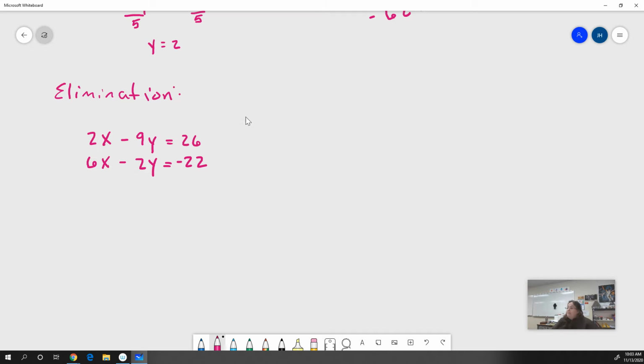What I mean by that is, if I were to draw a line under here and I were to add these together right now, I'd have 2x plus 6x equals 8x, right? I'd have minus 9y minus 2y equals minus 11y. And here I get 26 minus 22 equals 4. I would like for when I add them together to have one of the variables drop out.